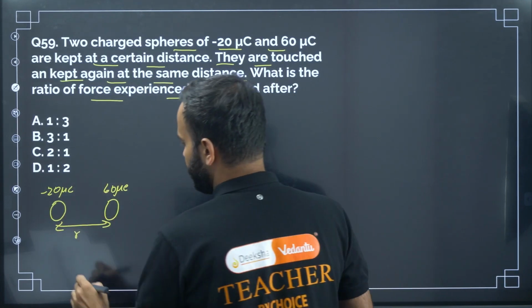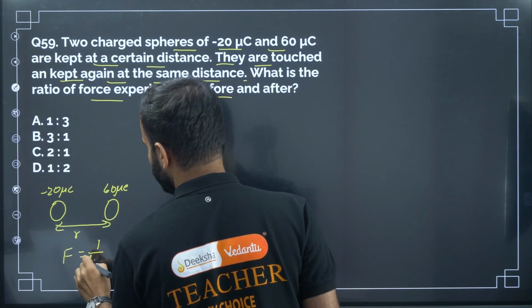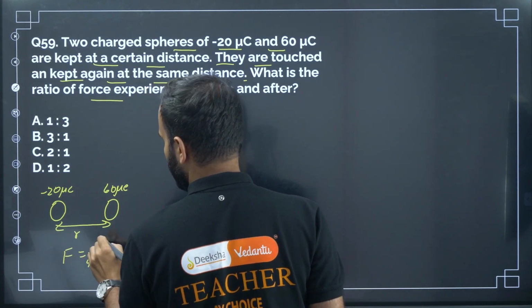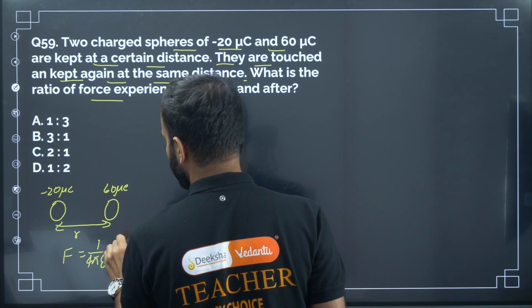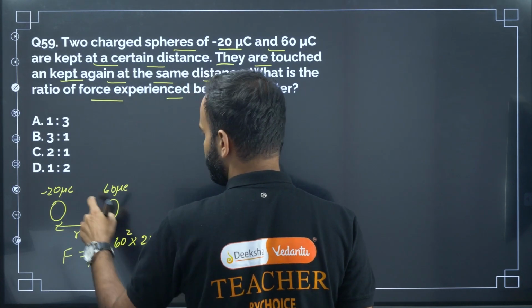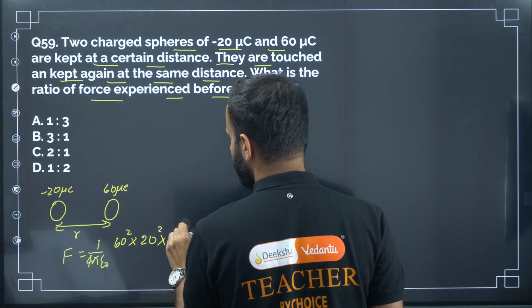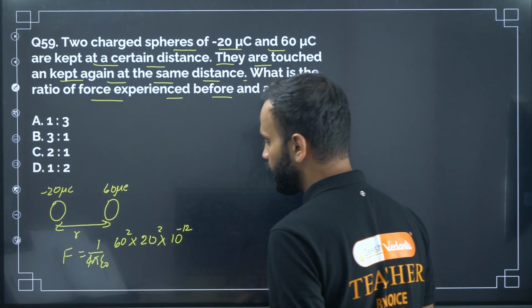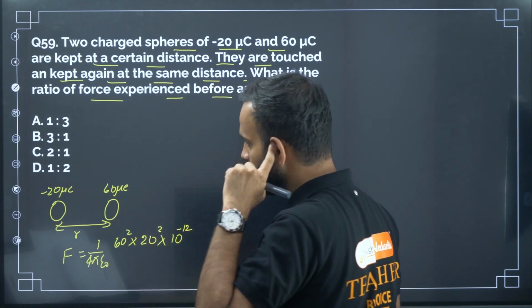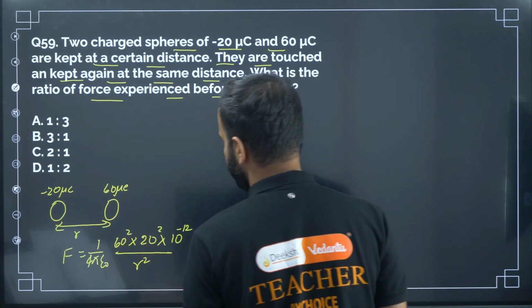So now the force between them, F equal to 1 divided by 4 pi epsilon naught, Q1 that is 60 into Q2 magnitude 20, into 10 to the power minus 6 into 10 to the power minus 6 is 10 to the power minus 12, divided by r square.